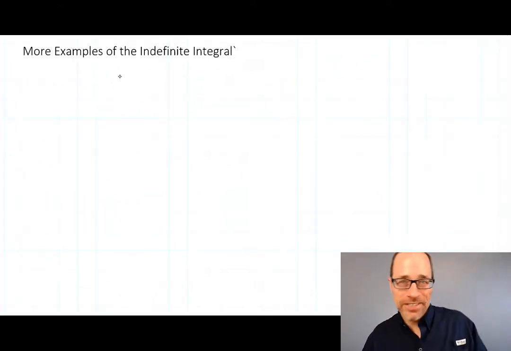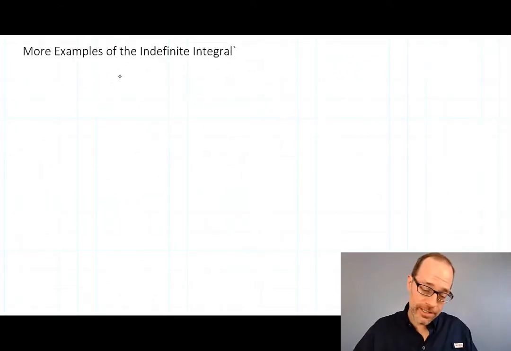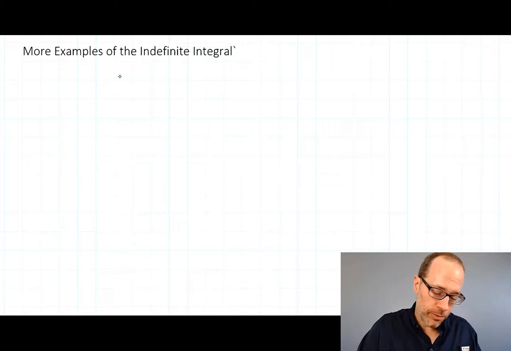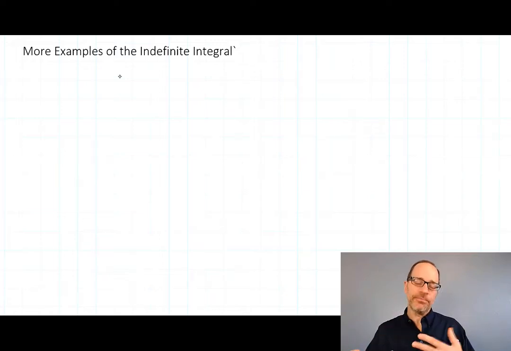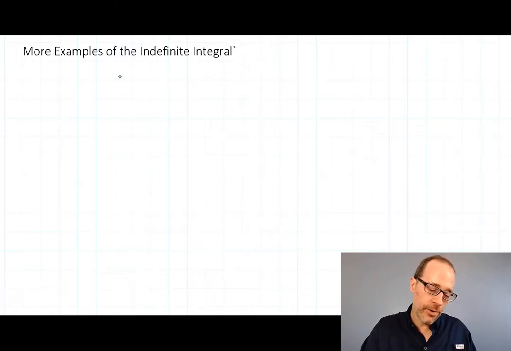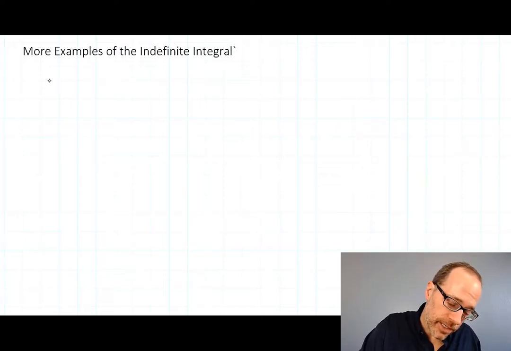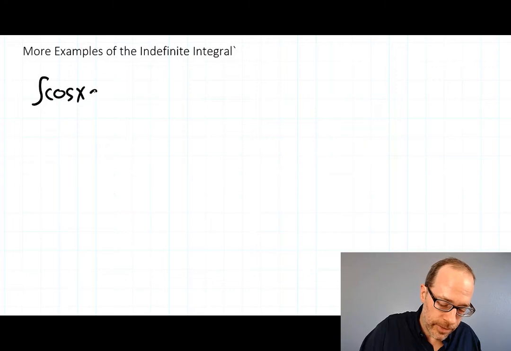All right, welcome back. Let's do some more examples of indefinite integrals. So remember, an indefinite integral is just a derivative rule written backwards. For instance, I know that the derivative of the sine is the cosine, so that means the antiderivative of the cosine is the sine, plus c.